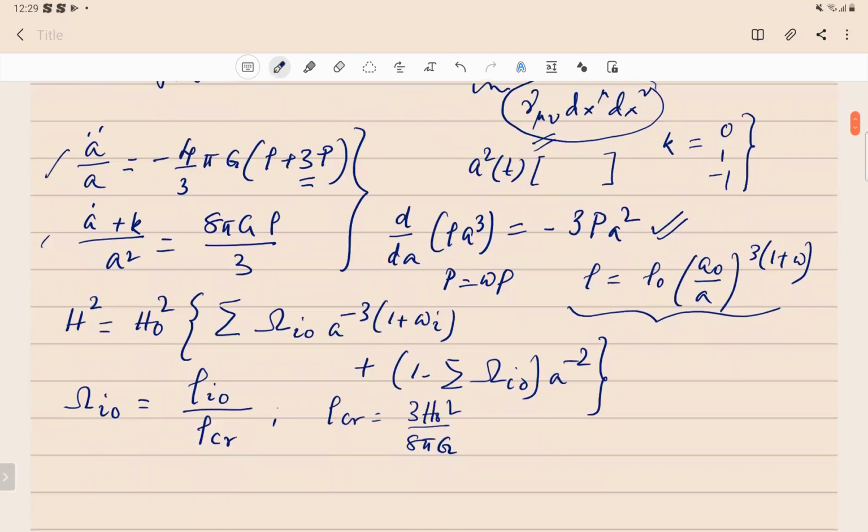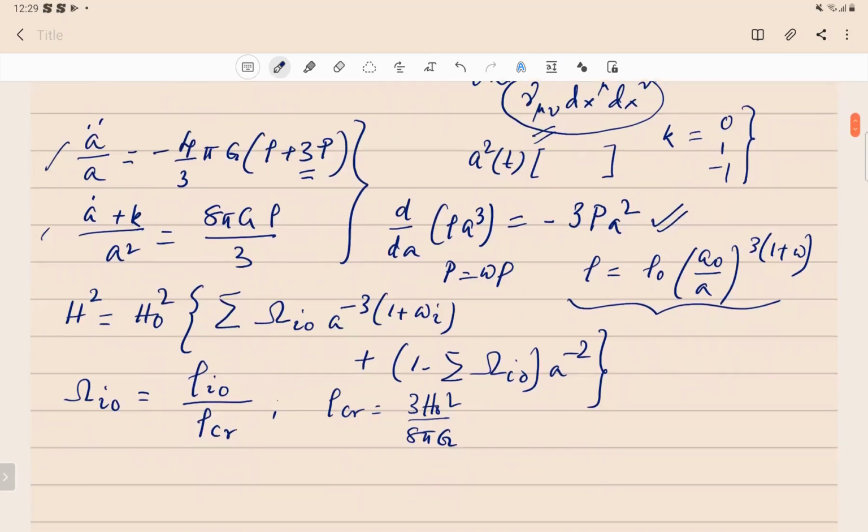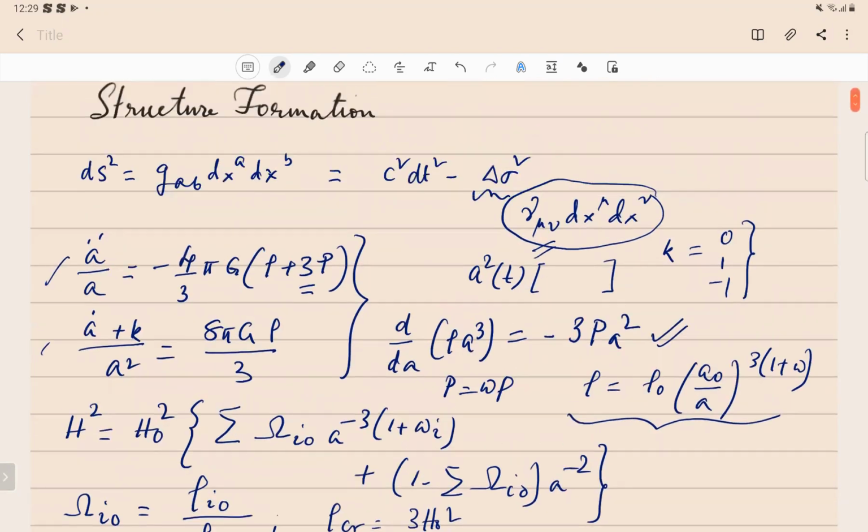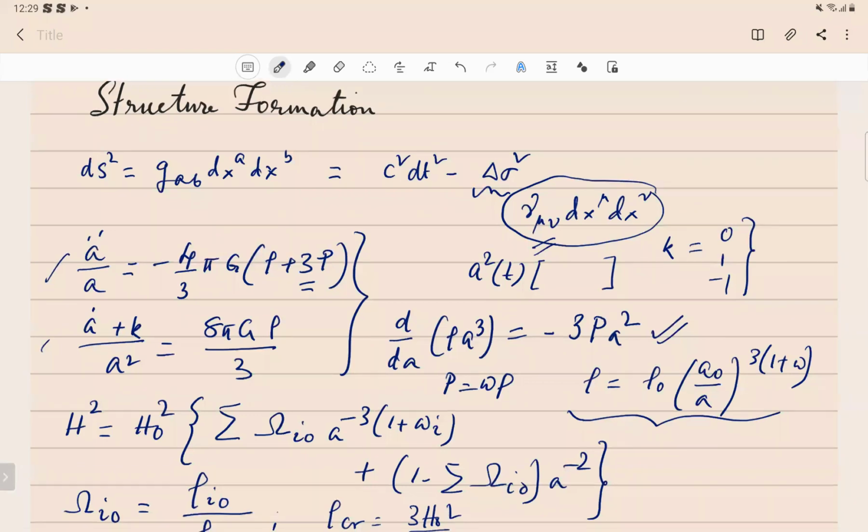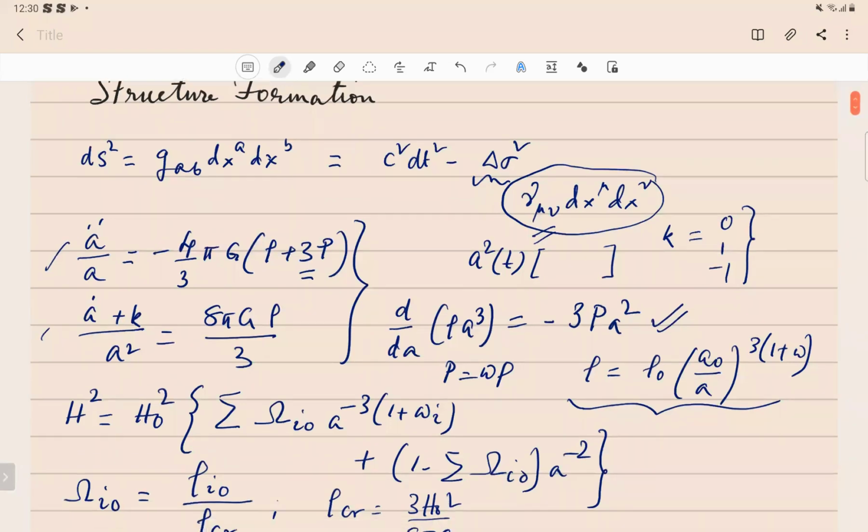Of course, if you try to do the same for the clumpy universe, we cannot write down this metric. So the general procedure is that we work in the framework of perturbation theory. We assume that there are tiny perturbations to this background, and due to some mechanism, namely gravitational instability, these tiny fluctuations grow and form the kind of structures that we see. That's the basic paradigm within which we function.